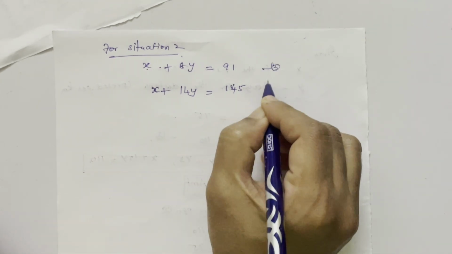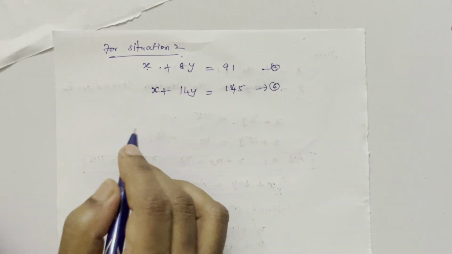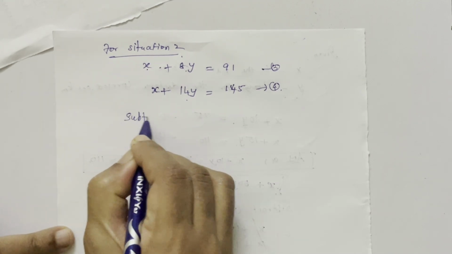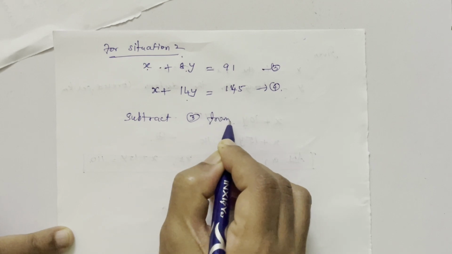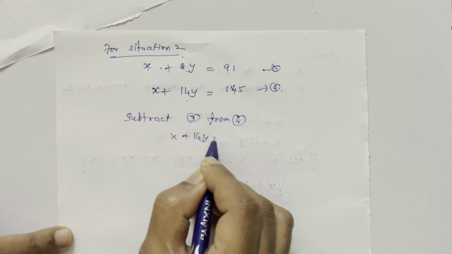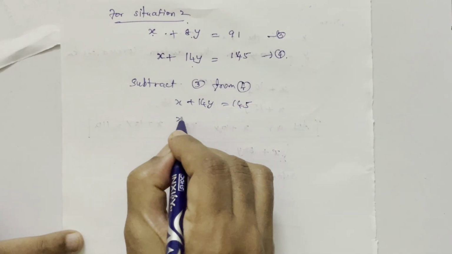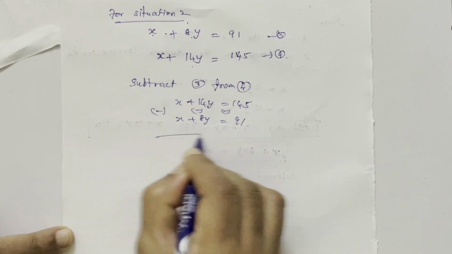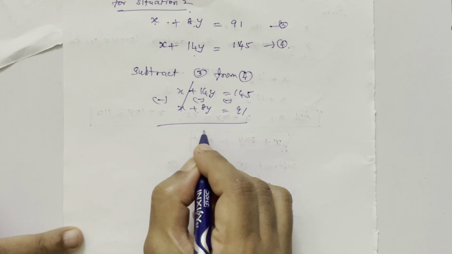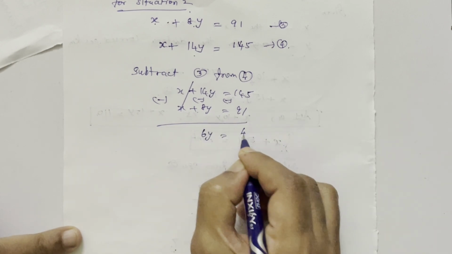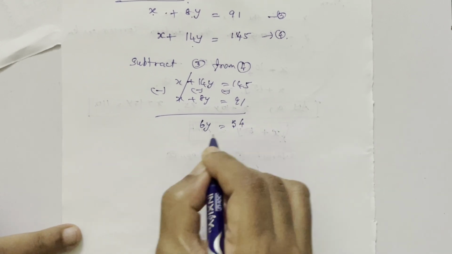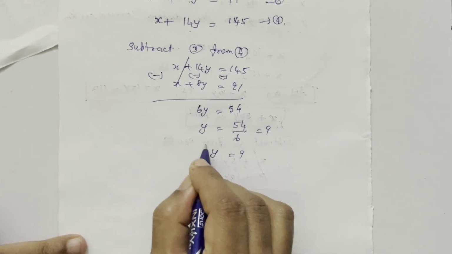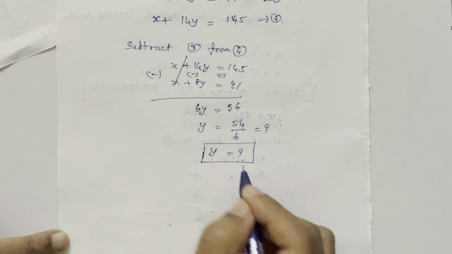Take these two equations as 3 and 4. Subtract equation 4 and 3. x plus 14y equal to 145, x plus 8y equal to 91. Charge per kilometer is rupees 9.